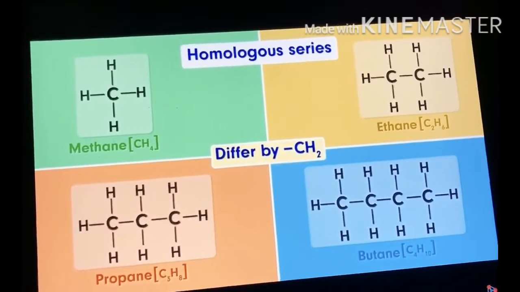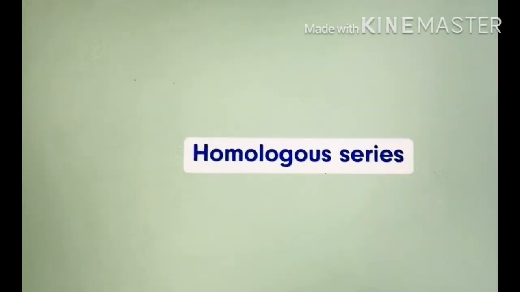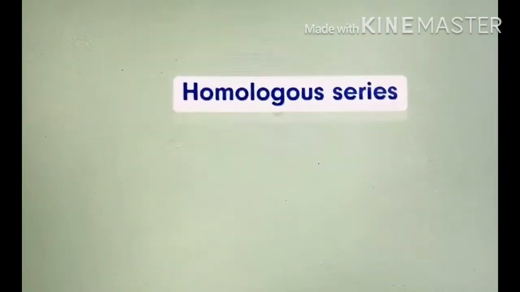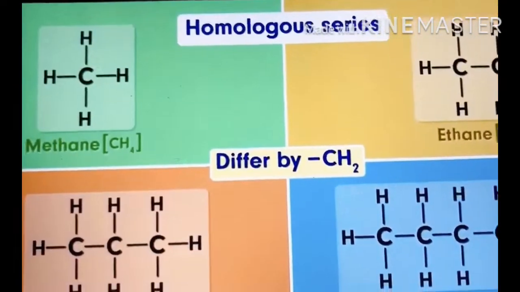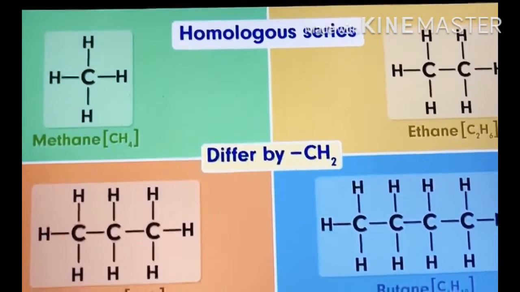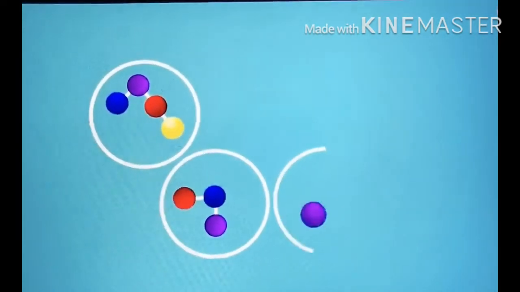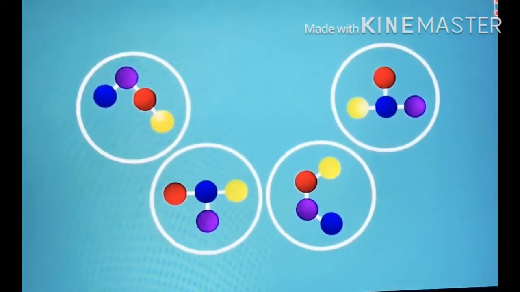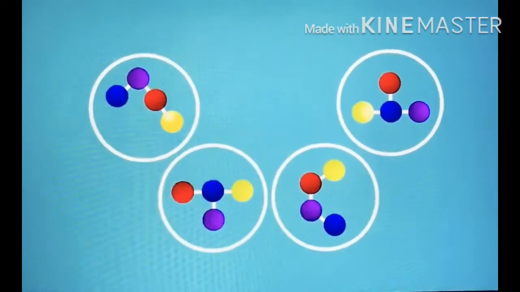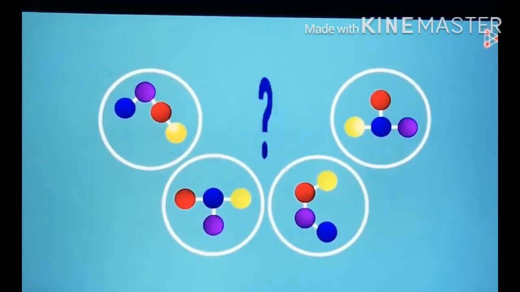Watch it carefully. This video got us introduced to a unique concept of homologous series. That is the concept in which compounds with the same general formula appear in succession. Now in this video, let's get introduced to another interesting concept. What if I tell you that there are many carbon compounds which possess the same number of atoms in them but have completely different structures? What do I mean?